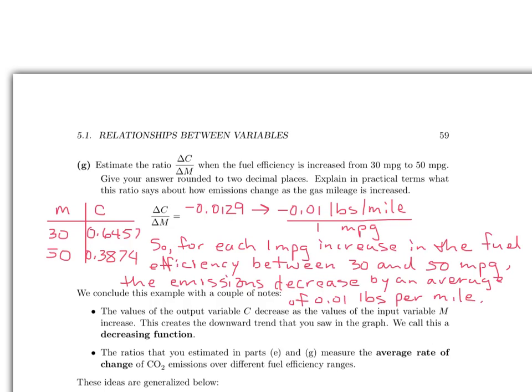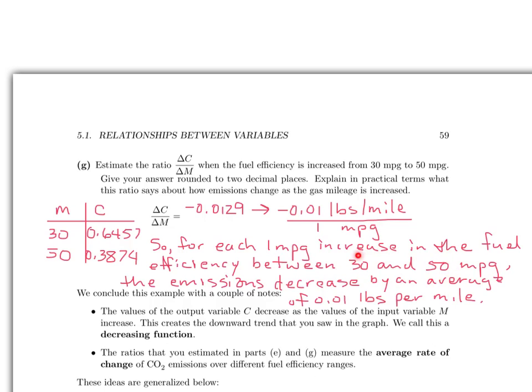Notice that this value, 0.01, is less than the 0.04 pounds per mile decrease that we saw on the previous page. Why is this? Well, in this example, we're looking at the range from 30 to 50 miles per gallon. In the previous page, we were looking at the range from 15 to 35 miles per gallon.